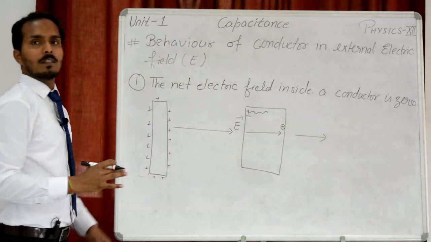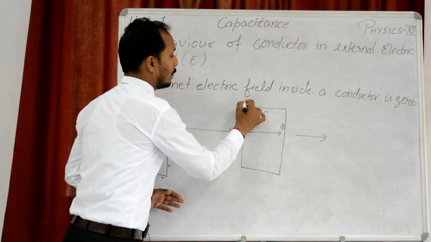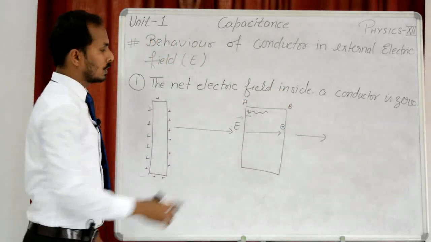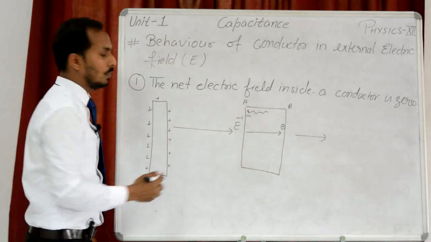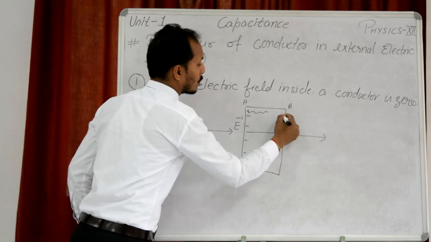In this way negative and positive charges are developed at the extreme points, surfaces A and B, of the conductor. This process continues, and the surfaces attain charge.